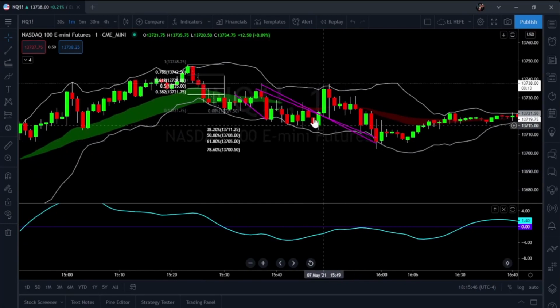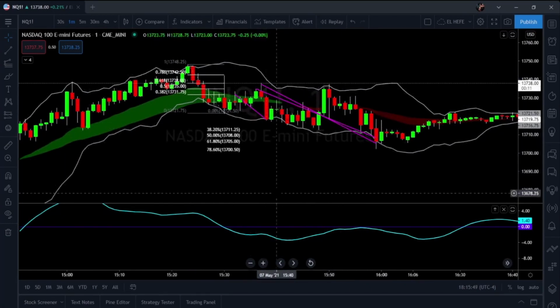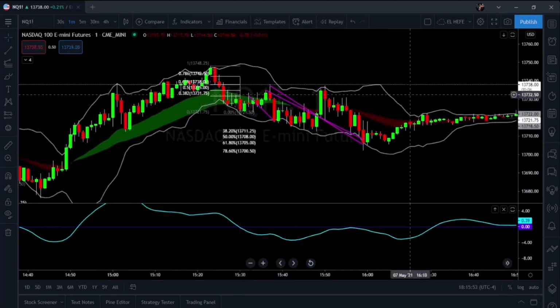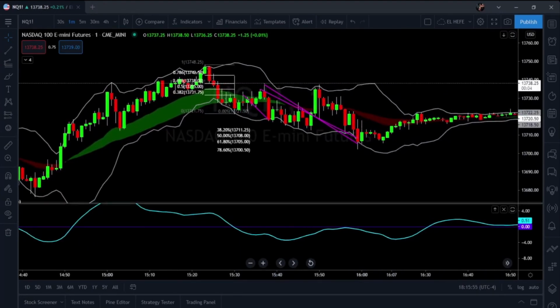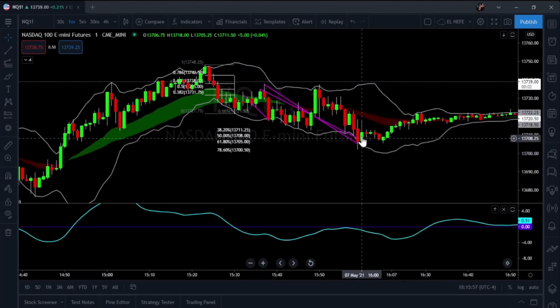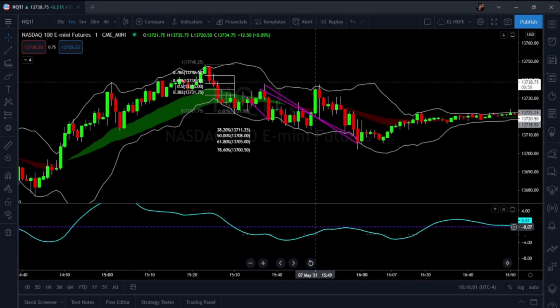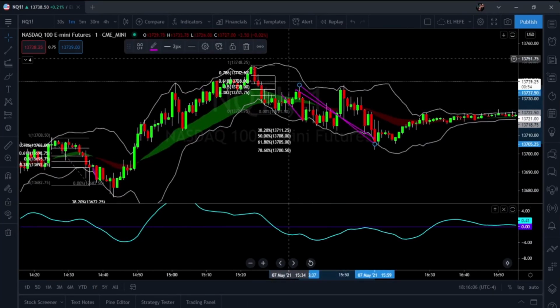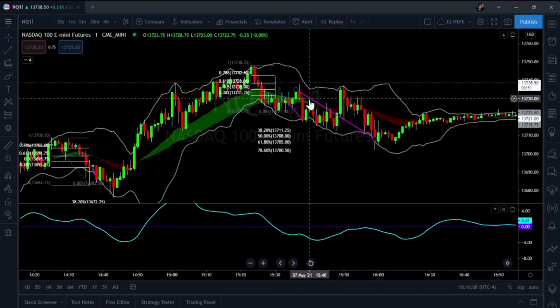I do not condone this though. I don't. It's kind of a bad spot to take this trade. The end of the day can get tricky. I mean, you're one minute before the close. Don't take this trade into the future. You go get yourself in trouble.